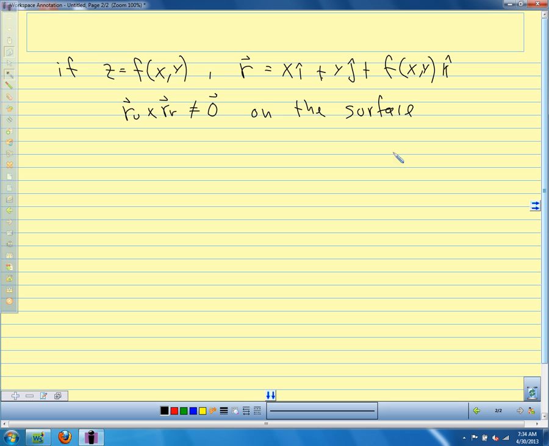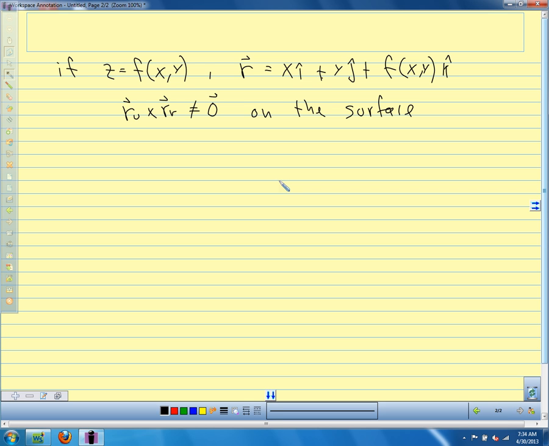In the next section that we'll talk about tomorrow, we are going to do surface integrals. The surface integrals are like line integrals. We're going to sum some function over a surface. And now we have a way to do that because we know how to do this integral on the surface.